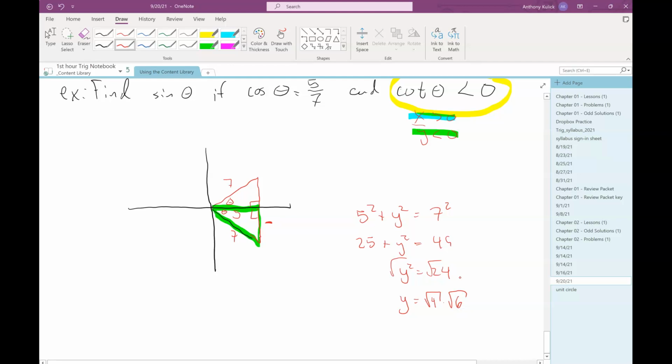So 24 is 4 times 6. So that would be 2 root 6.